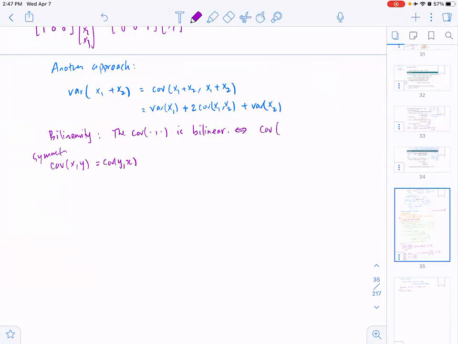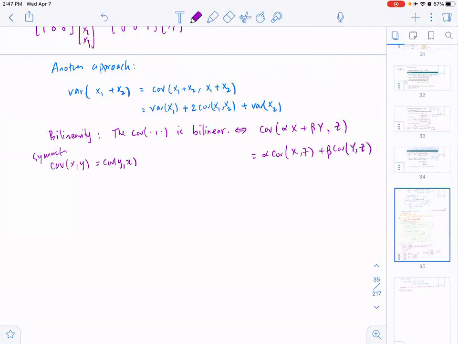I didn't have much time to review it. Okay, so it's something like this. If I have a linear combination of two random variables, alpha and beta are constants, x and y are random variables, and I want to compute the covariance with this, it's linear in the first argument, so I can expand it like I would with a linear operator.